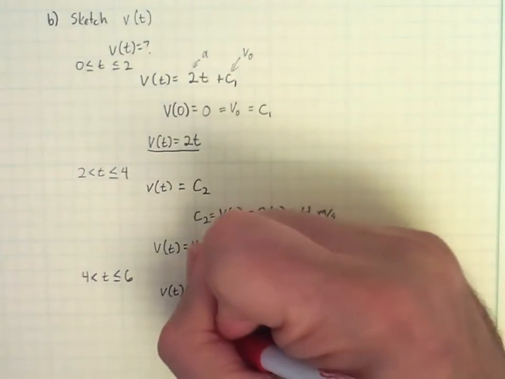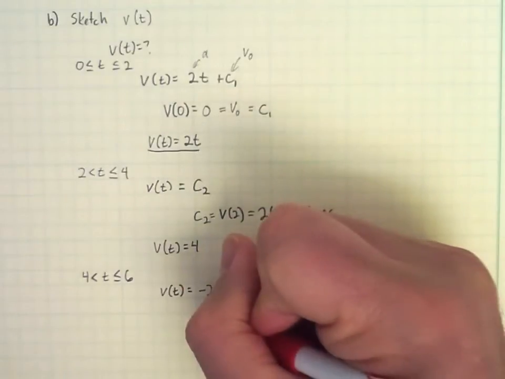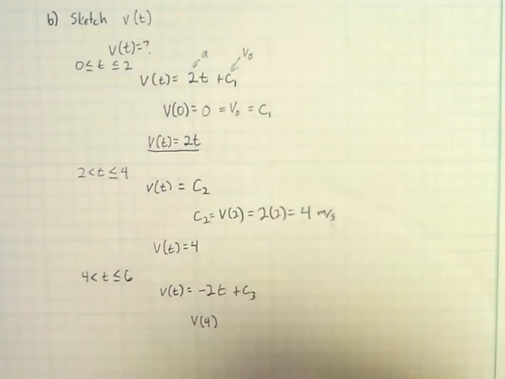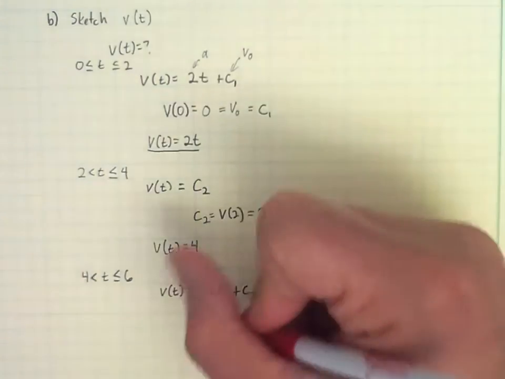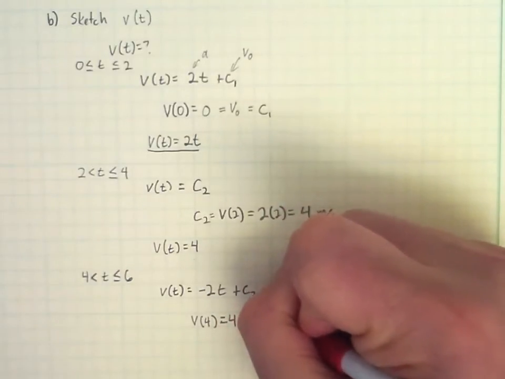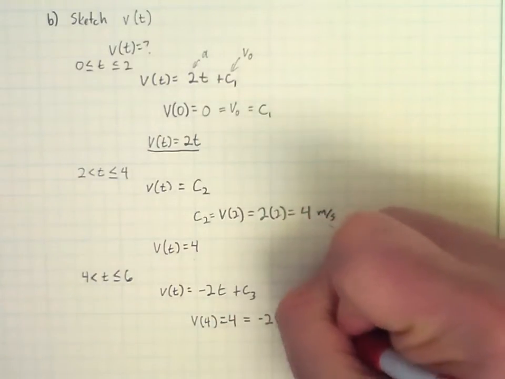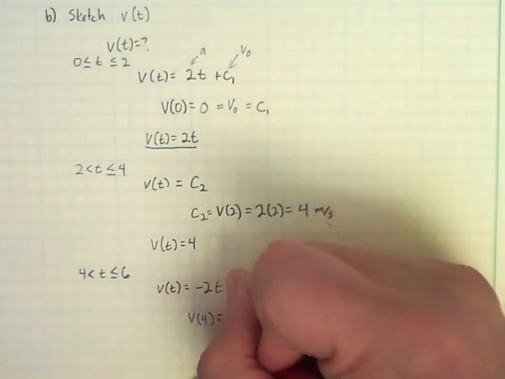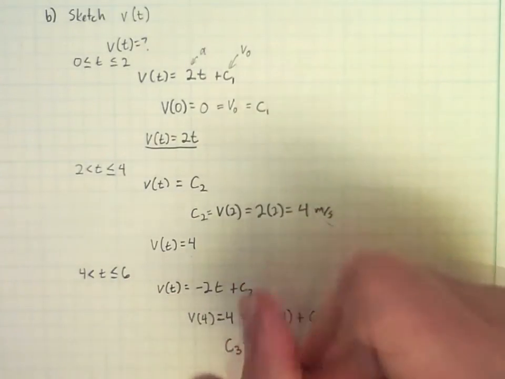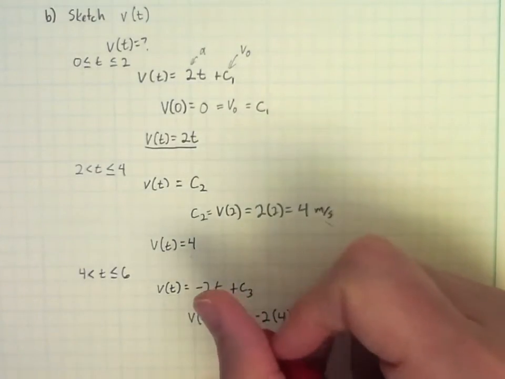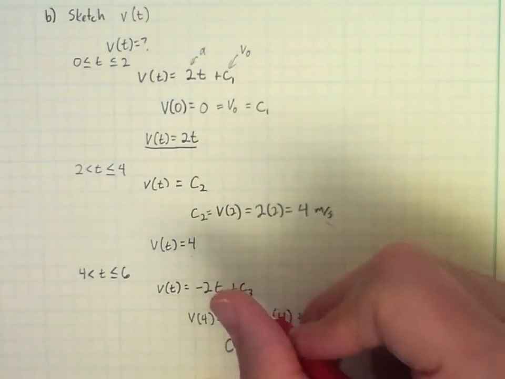So v of 4, well, what was the velocity then? It equals 4. So 4 has to be negative 2 times 4 plus c3. So this line is going to look something like that. And we can solve for c3 and get that c3 must be equal to 12.